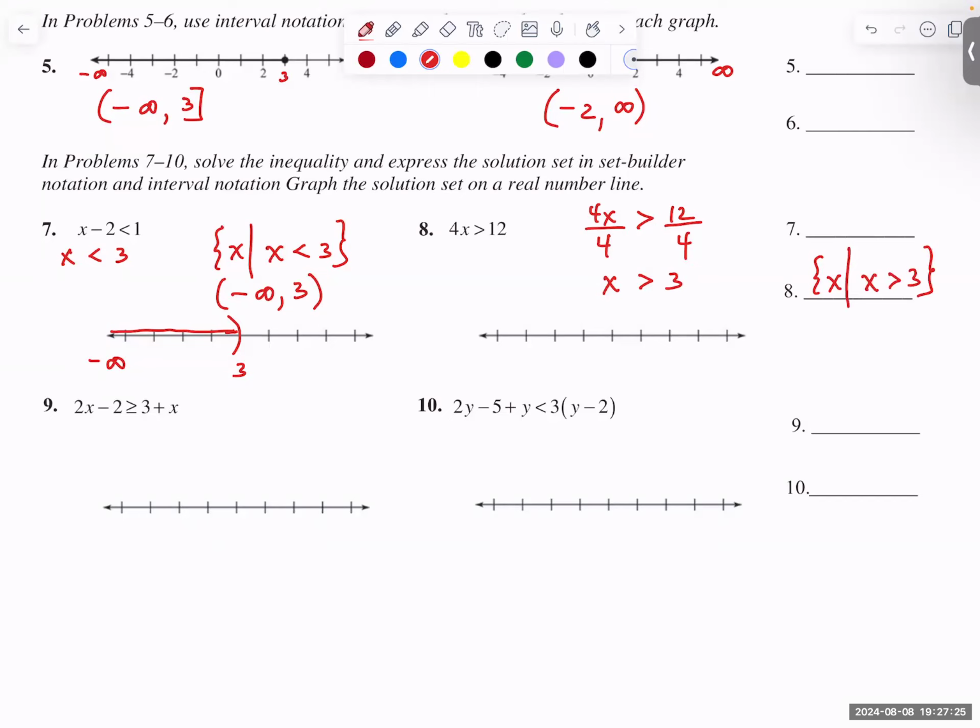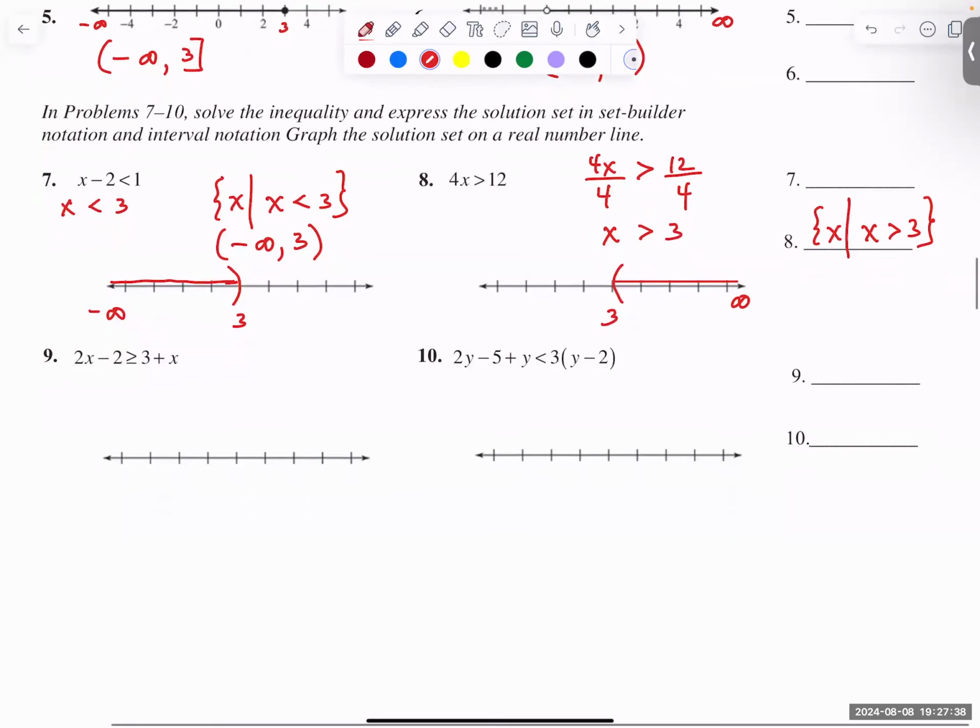So on the number line we'll mark 3. And for a strict inequality, left paren at 3, shading to the right, limit infinity. So the interval notation will be parenthesis 3, comma, positive infinity.